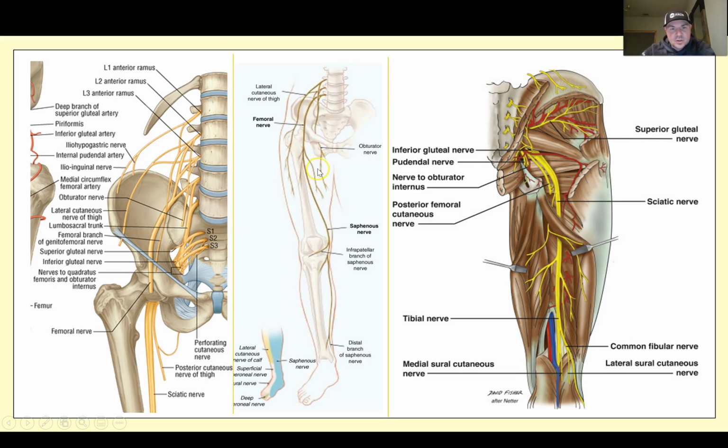But I want you to draw attention again to the nerves of the leg that travel all the way down to the foot and ankle, okay? And then this is a picture of the posterior thigh with muscles resected or retracted, and you can see how big the sciatic nerve is and all the branches that come off of that. Just think back to the hamstring lectures.